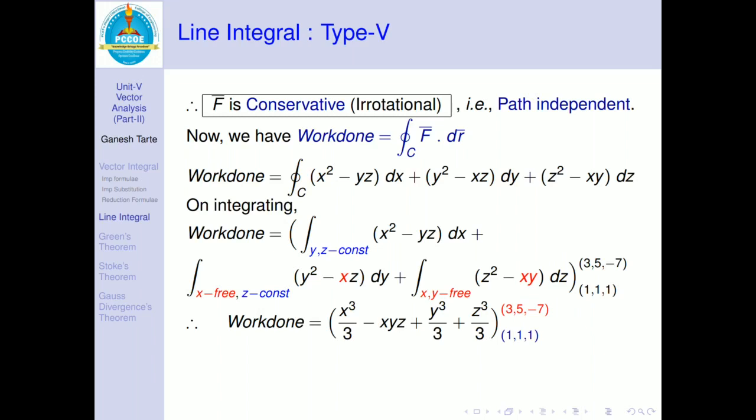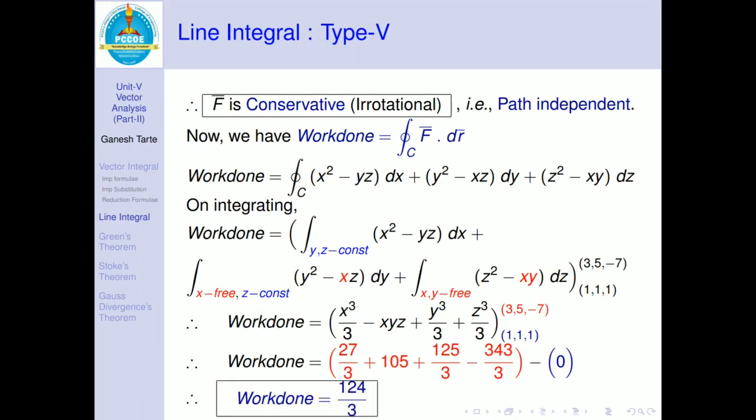Substituting the upper limit (3, 5, minus 7) gives 27 by 3 plus 125 by 3 minus 343 by 3 with the xyz term 105. For the lower limit we replace x, y, z by 1, 1, 1, which is 1 by 3 plus 1 by 3 plus 1 by 3 minus 1, that is 1 minus 1, which is 0. So the lower value is 0. On simplifying, we get the required work done equal to 124 by 3. So this is about line integrals.